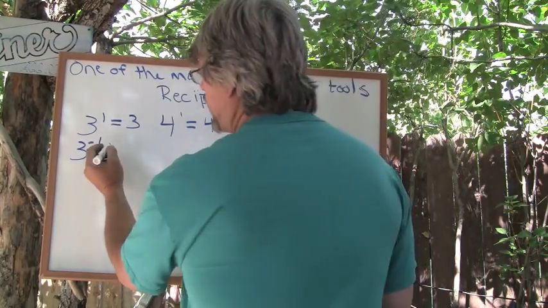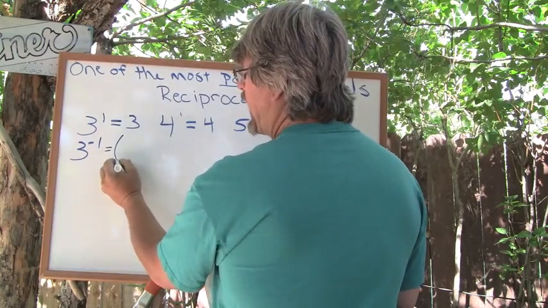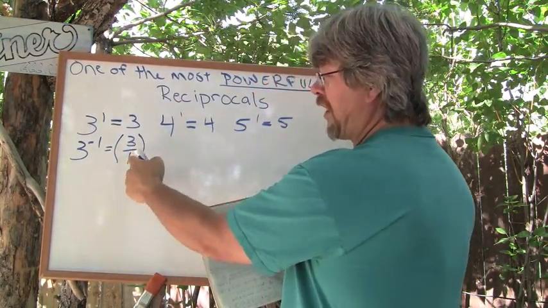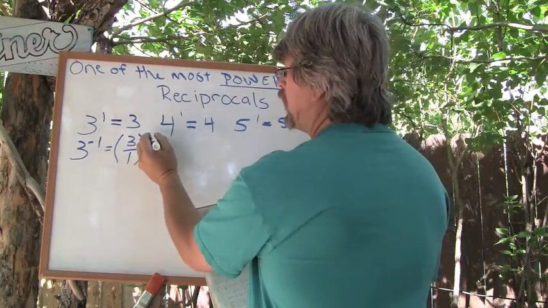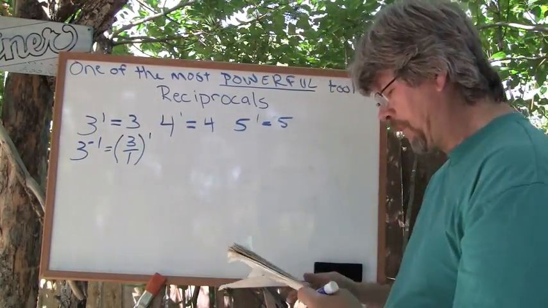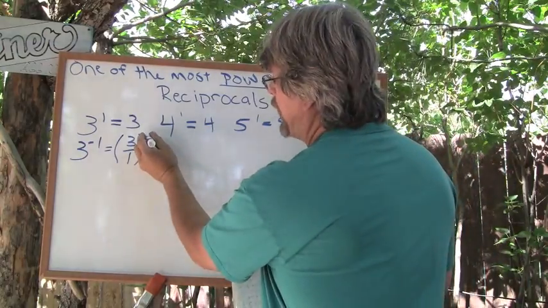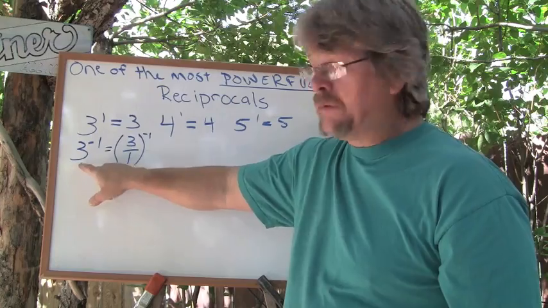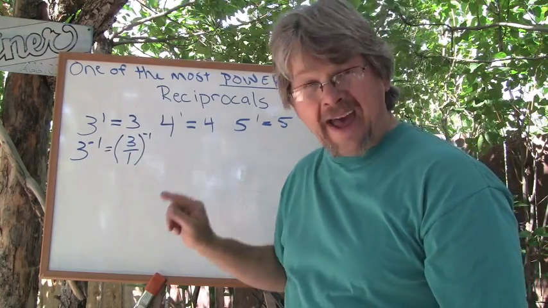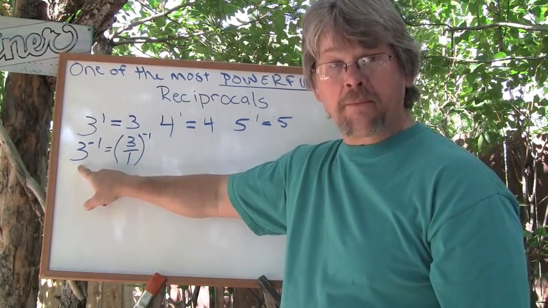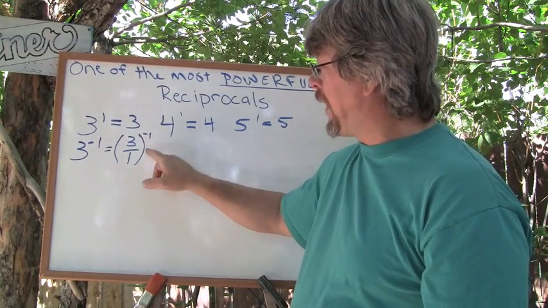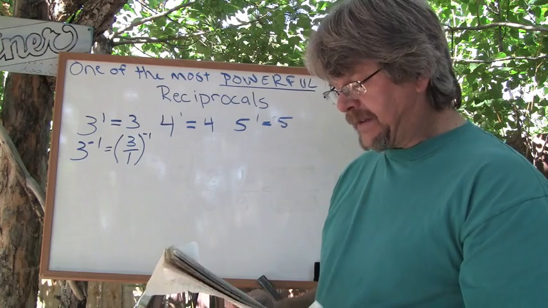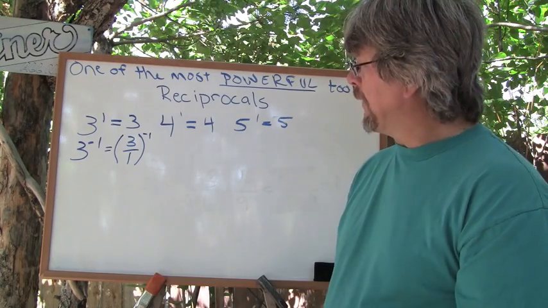What does this tell us? This is the same thing as the fraction 3 over 1, which is just 3, remember, to the negative first. This number, 3 to the negative 1, and this fractional aspect of the number, whole number 3, as 3 over 1 to the negative 1, these two are equivalent expressions. They tell us the same thing.